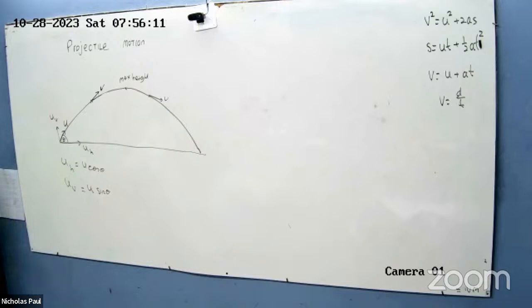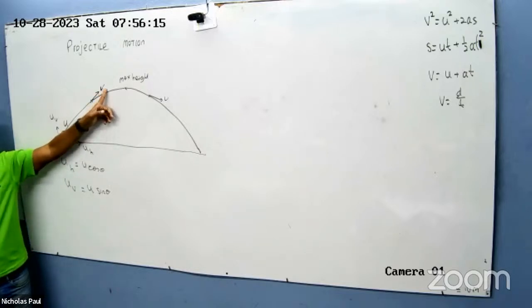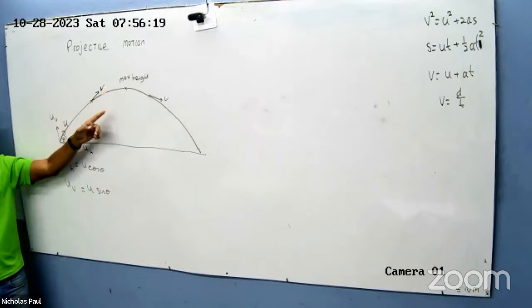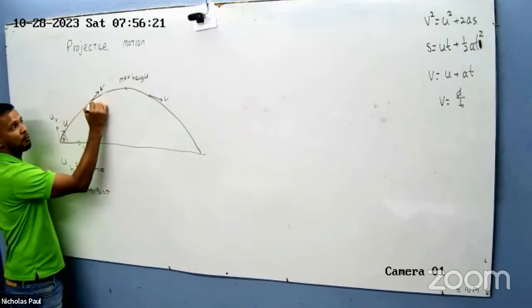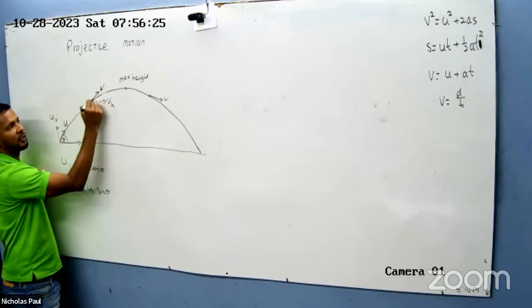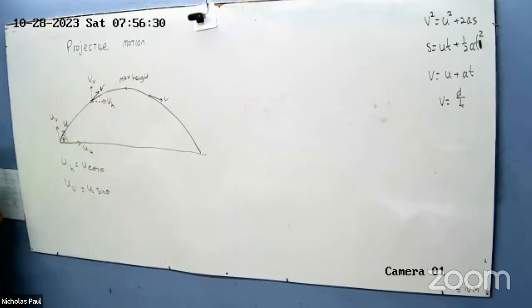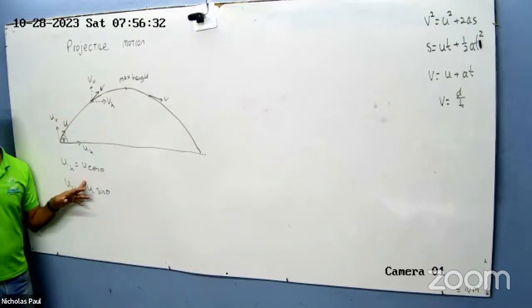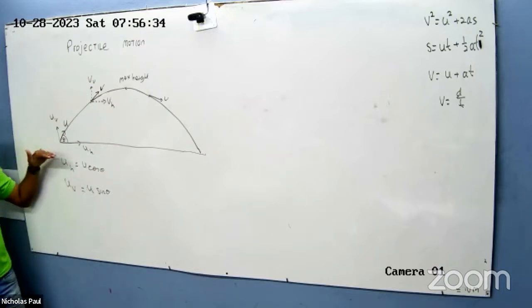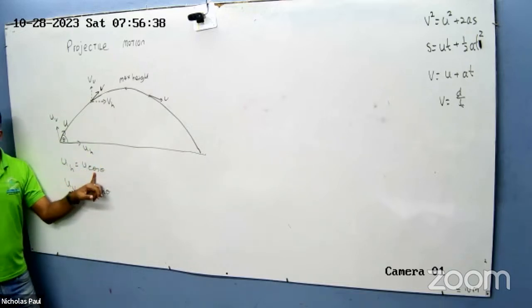So at this velocity v here, watch it, it's also at an angle to the horizontal, so it should also have two components: a horizontal component and a vertical component. Here is something interesting about the horizontal component. If something is moving horizontally, it is not affected by gravity. Why?